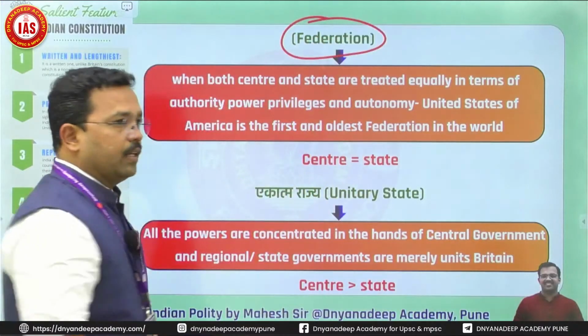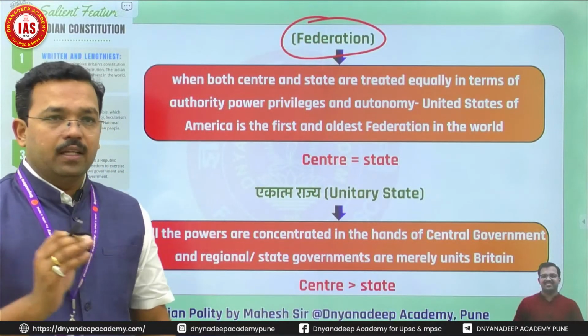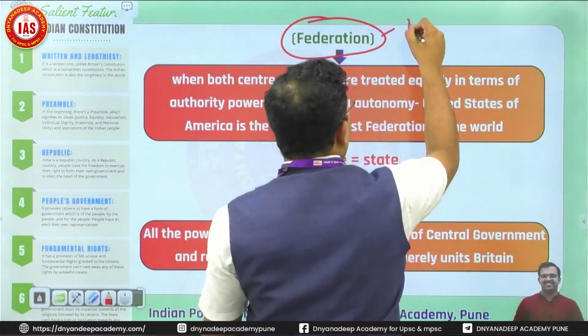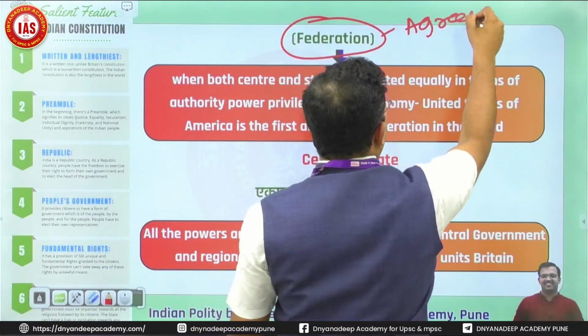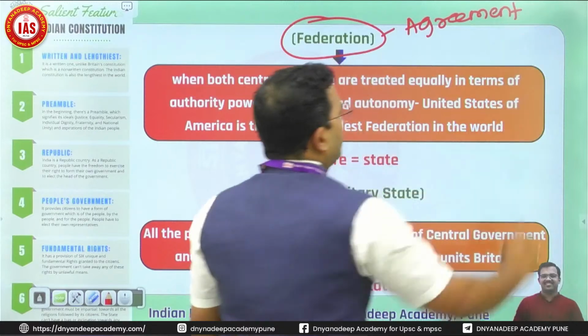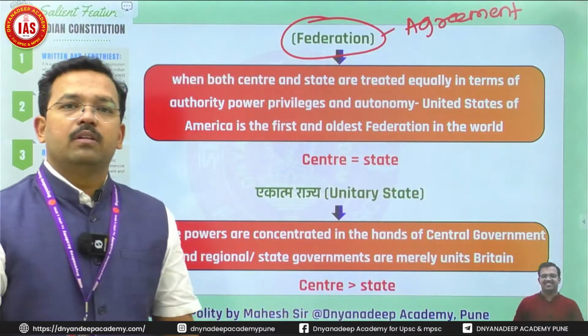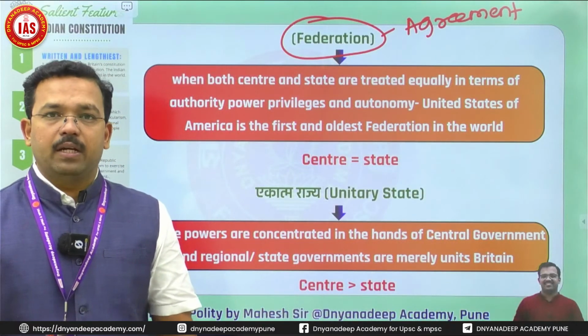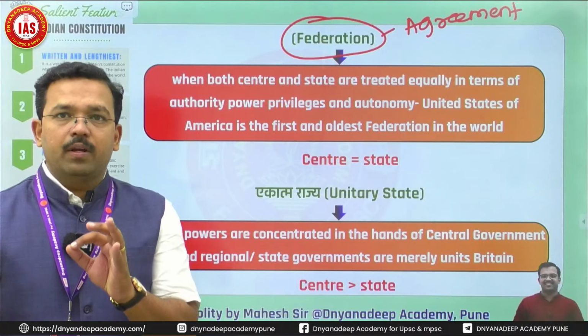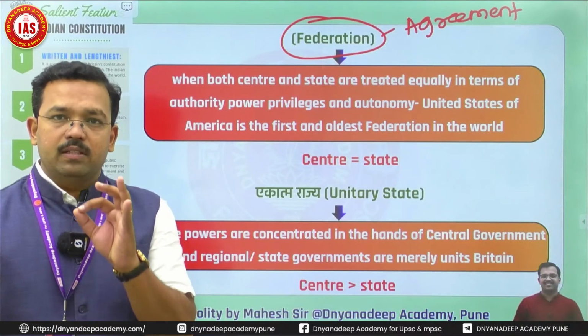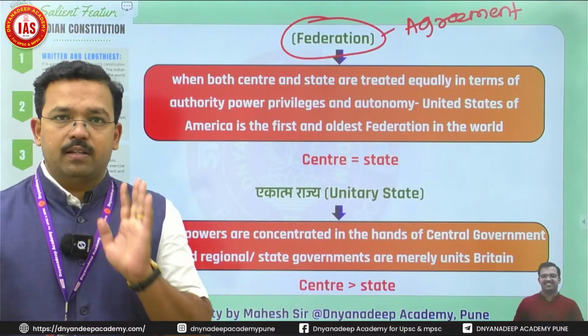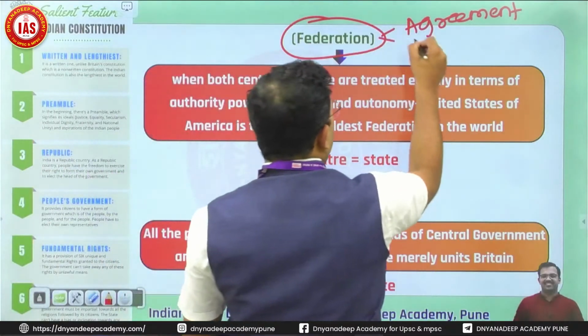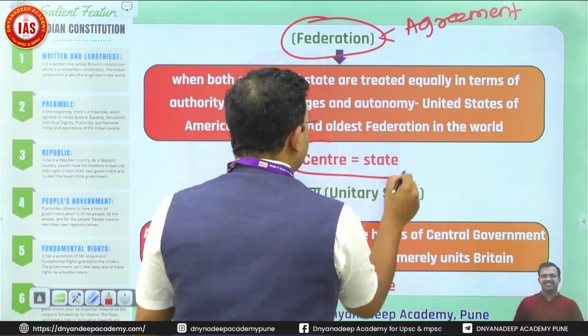Basically, a country which is formed out of agreement between the states, right? Because the word federation comes from the term foedus, which means agreement. A country which is formed out of agreement between the states will be called a federation, where states have equal rights with the center.